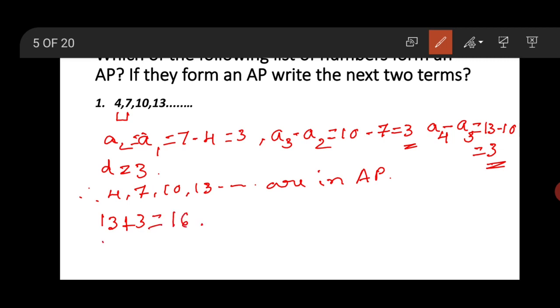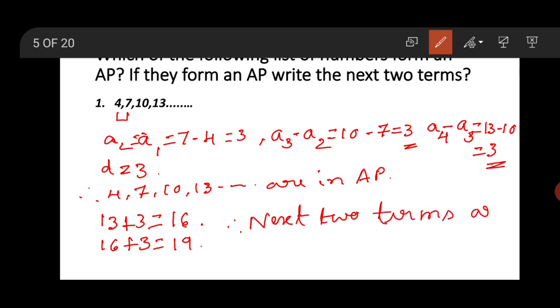Again add common difference 3, that is 19. Therefore, the next two terms are 16 and 19. Right?